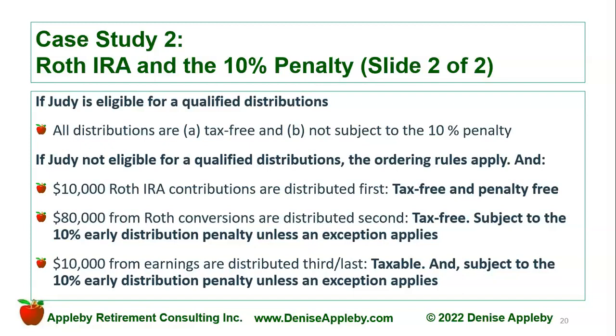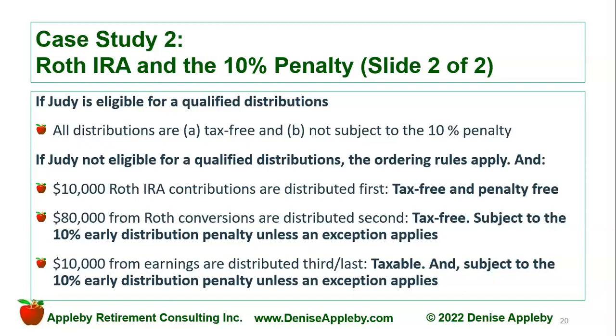However, it's subject to the 10% early distribution penalty if it has been less than 5 years since the amount was converted. And this is different from the 5-year period that I talked about earlier, where it starts when the first Roth IRA is funded. In this case, each Roth conversion stands on its own.